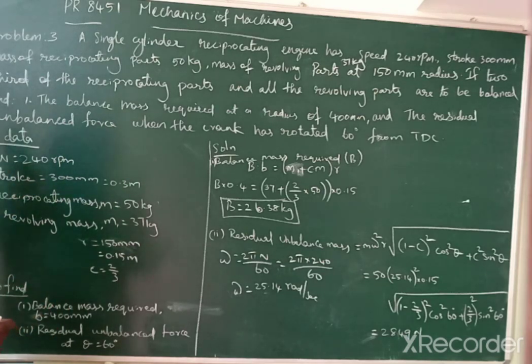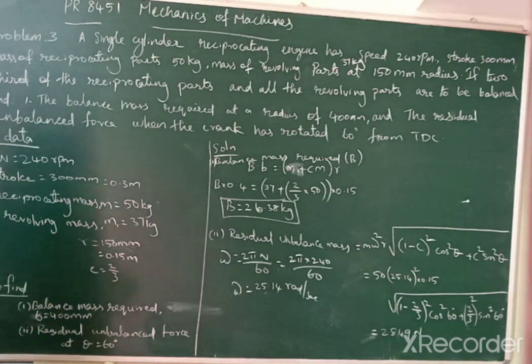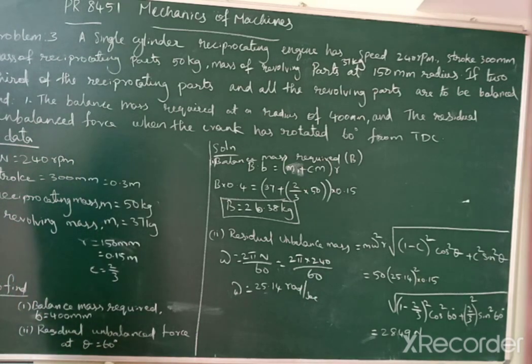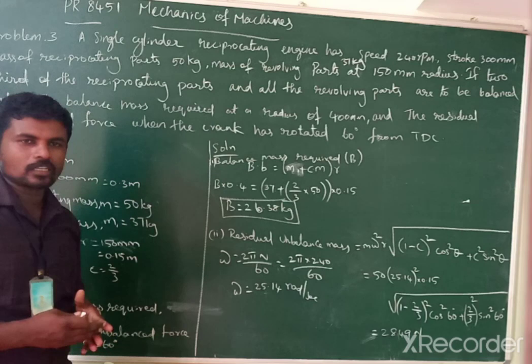That is the condition. Right? Then what do we need to find? The balance mass required at the radius of 400 mm, and the residual unbalanced force when the crank has rotated 60 degrees from the TDC. These two we need to find, right?